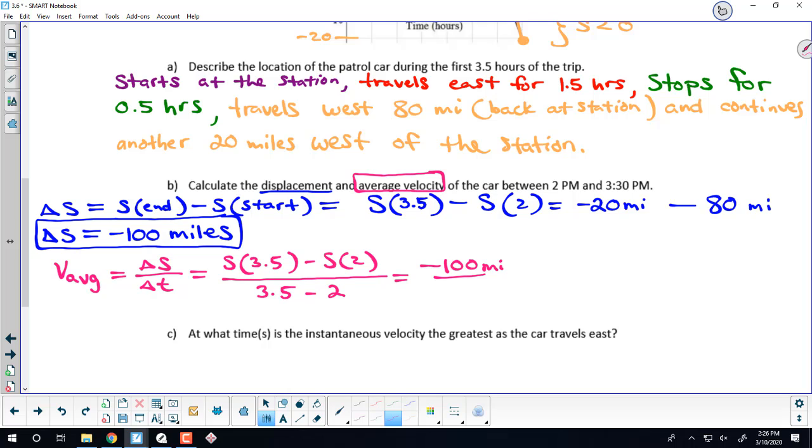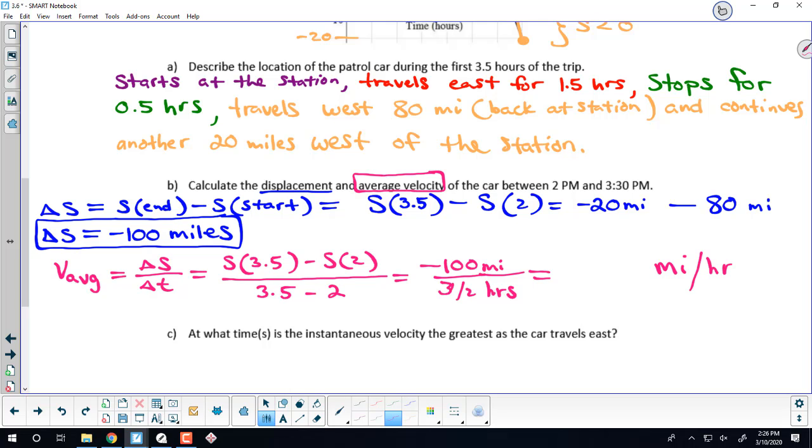The change in time is positive 1.5, my bad, so 3/2, and that's measured in hours. Okay, so we have negative 100 over 3/2, or negative 100 over 1.5. So that gives us something in miles per hour.